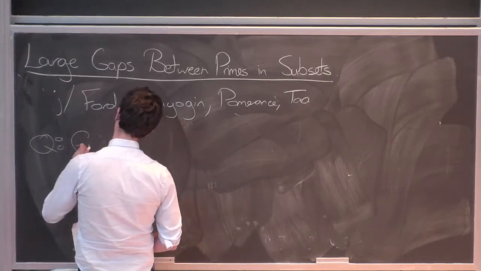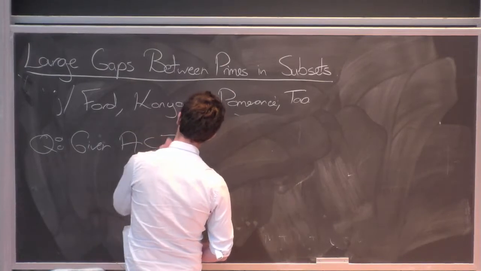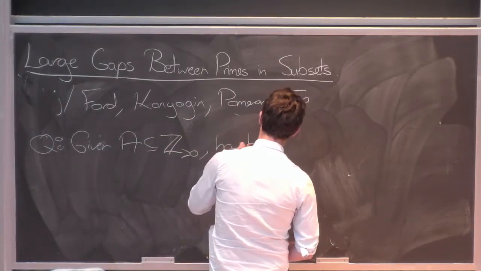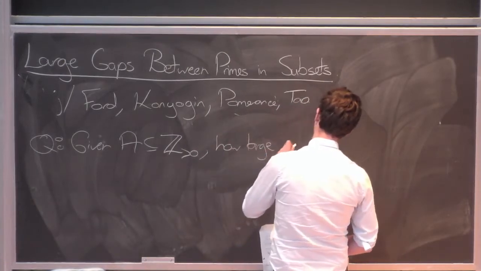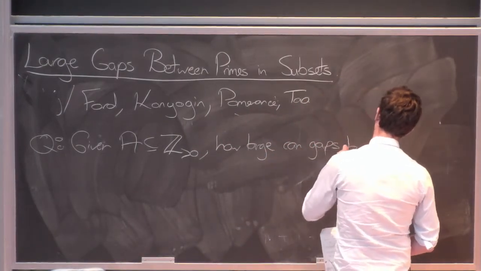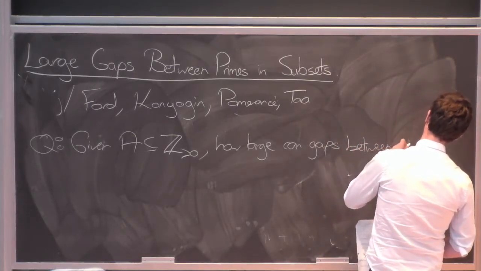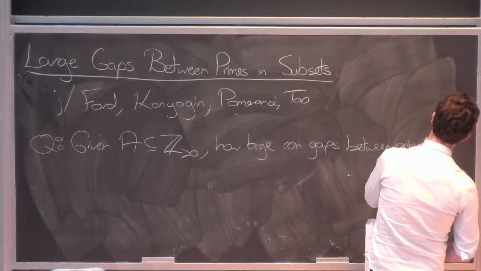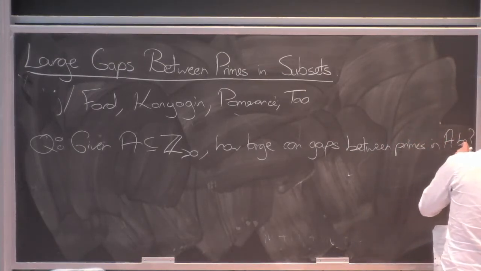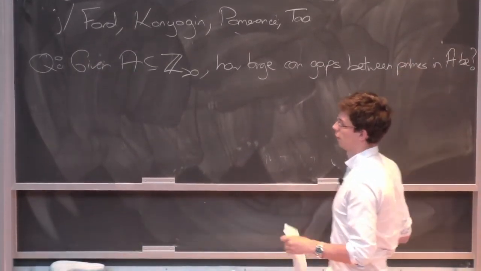So, given some set A in the positive integers, how large can gaps between primes in A be? And what sort of techniques do we possibly have for answering any question like this?